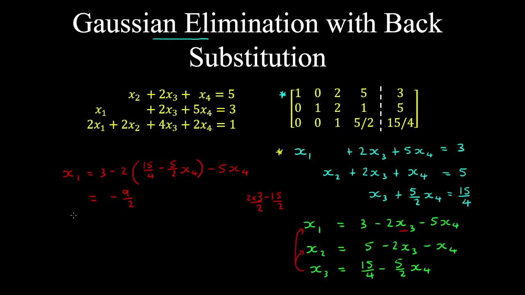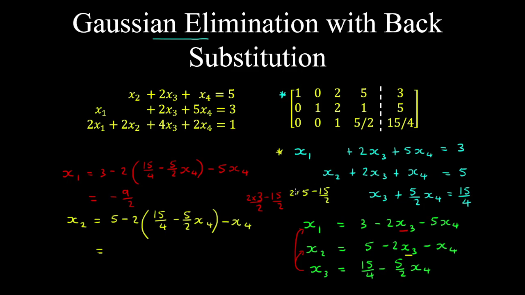And substituting x3 into x2, we get 5 minus 2 by x3, which is 15/4 minus 5/2 x4, and then minus x4. So what we have is 5 minus 15/2.